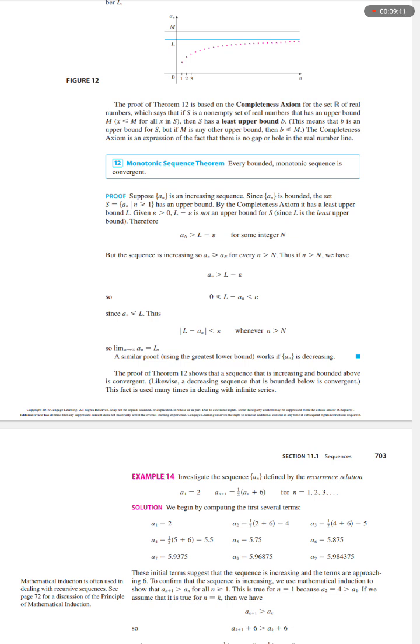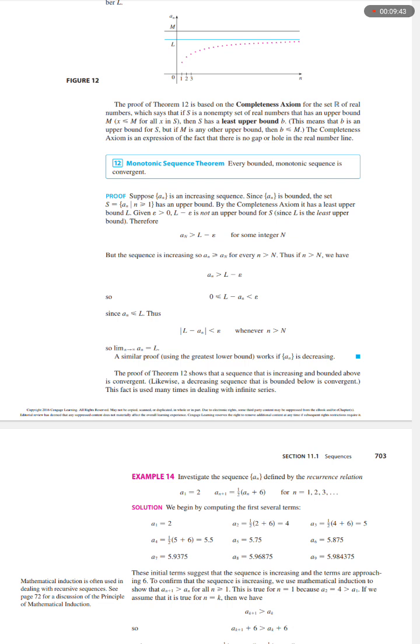So 0 is less than or equal to L − a_n, which is less than epsilon, since a_n is less than or equal to L. Thus the absolute value of L − a_n is less than epsilon whenever n is greater than N. The limit as n approaches infinity of a_n equals L.